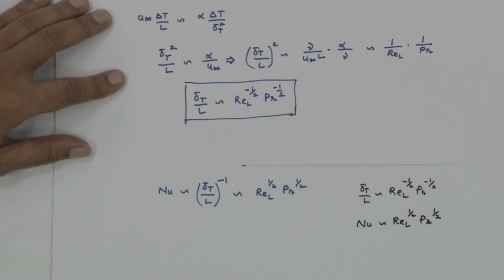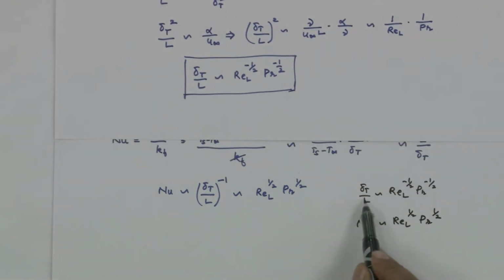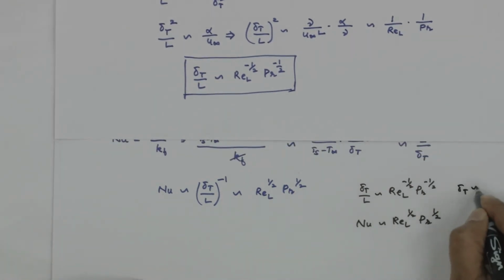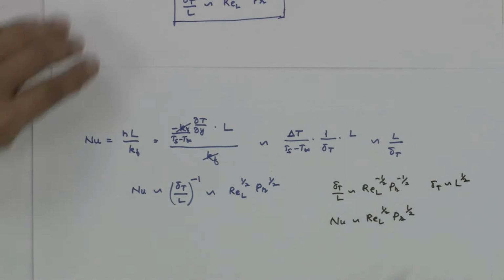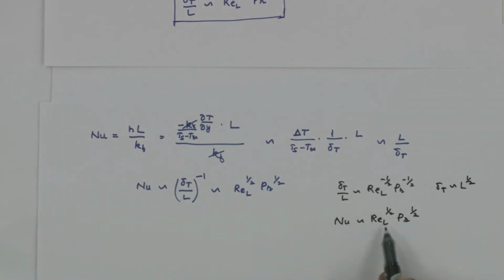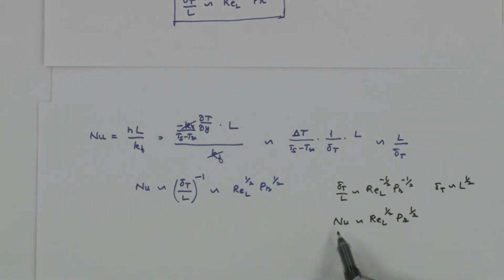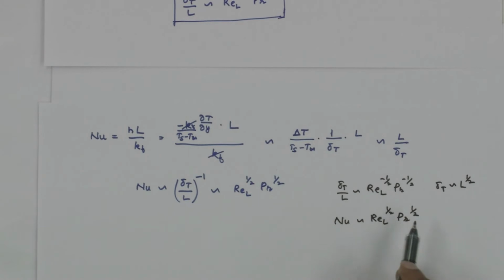So what do we understand from this? Again here delta T is of the order of L to the power of half. So that's why thermal boundary layer thickness increases with the increase of length, and Nusselt number increases with the increase of Reynolds number, and Nusselt number increases with the increase of the Prandtl number. Remember, we have derived this only for Prandtl numbers less than 1. That means delta is less than delta T.